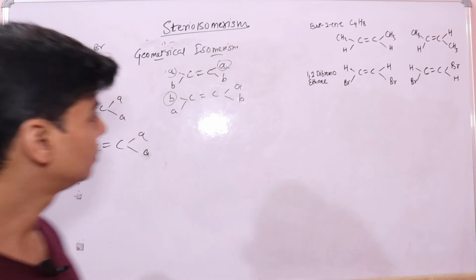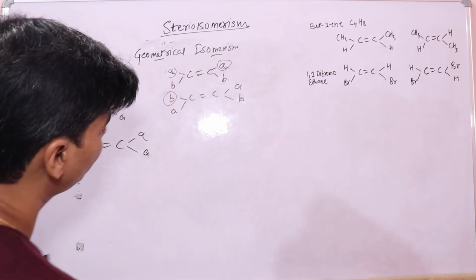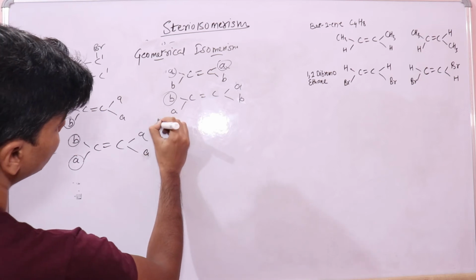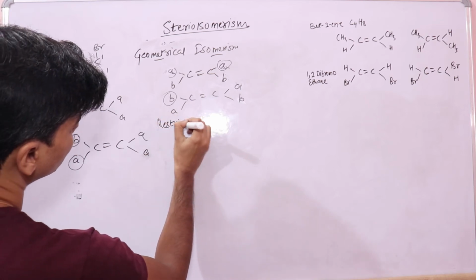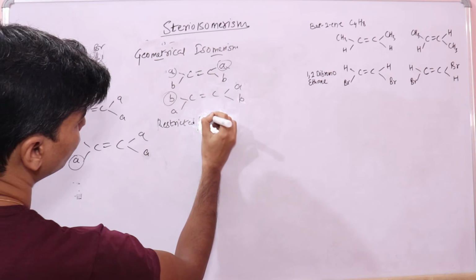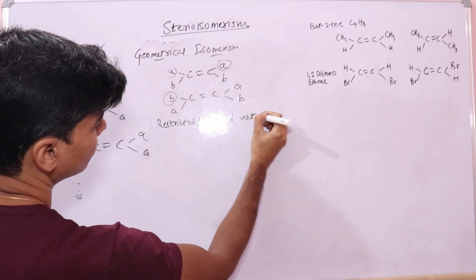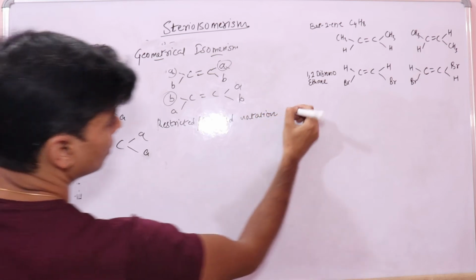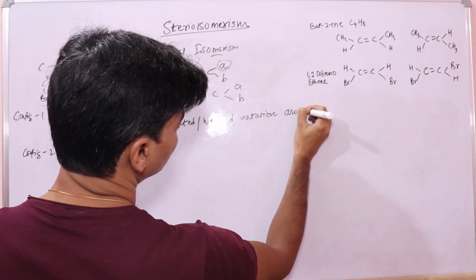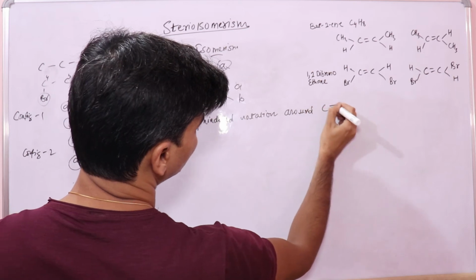Now how this rotation is restricted? We call it as restricted or hindered rotation around carbon carbon double bond.